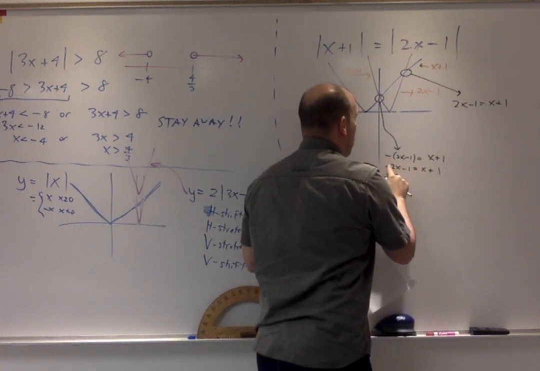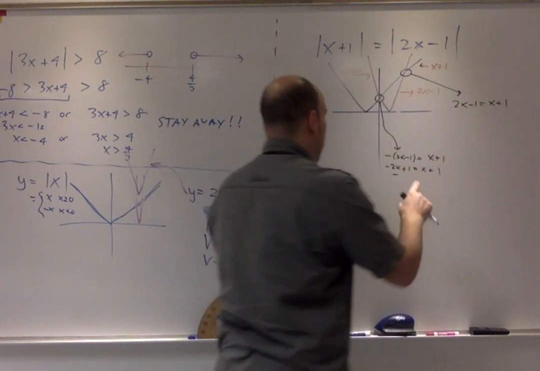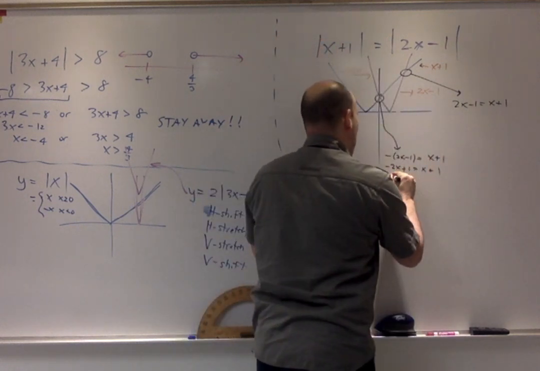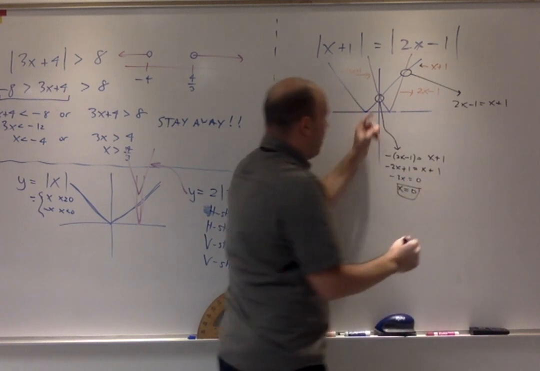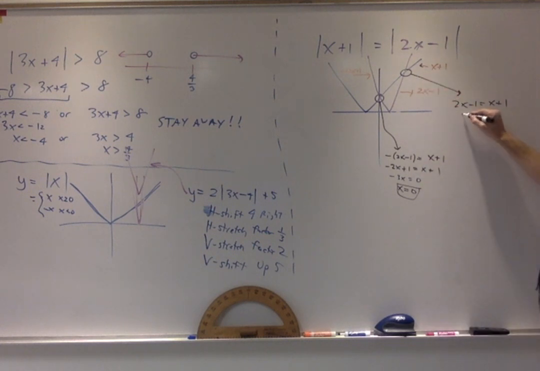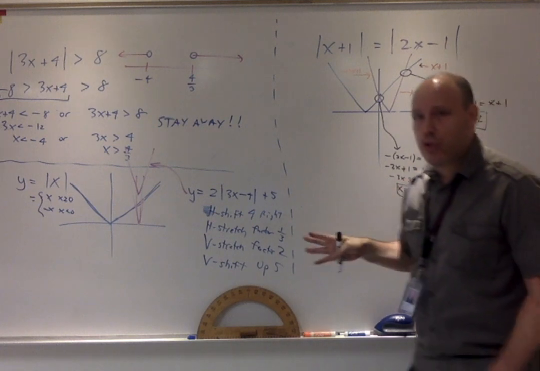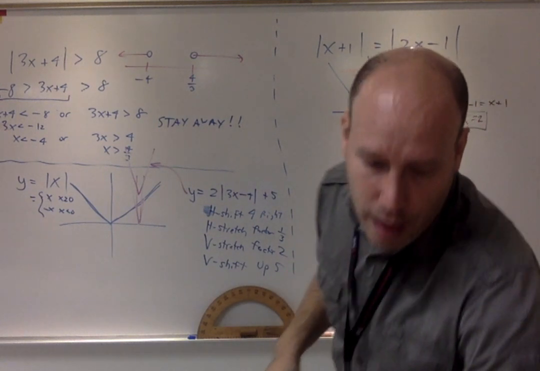Here we go. It's negative 2x plus 1, I apologize. Negative 2x plus 1 equals x plus 1, negative 3x equals 0, x equals 0, nice. It's clear that's the answer. And the other equation, let's see what this ends up being. x equals 2, nice. So the solutions are x equals 2, x equals 0. Let's try another one.